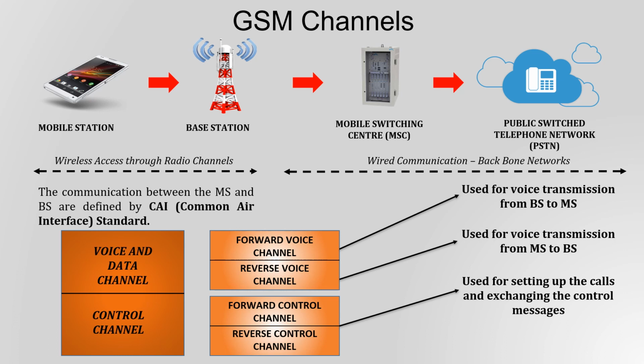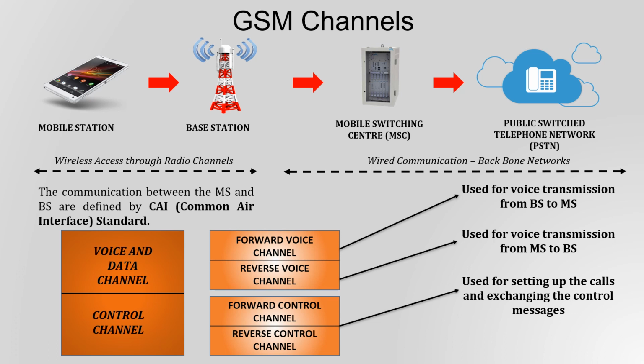There are four components, and we very well know that these are the two interfaces. That means that the mobile station and base station are interfaced with wireless access, and the rest of the part is wired communication. This rest of the part, which is connected in wired communication, is what we call the backbone network.